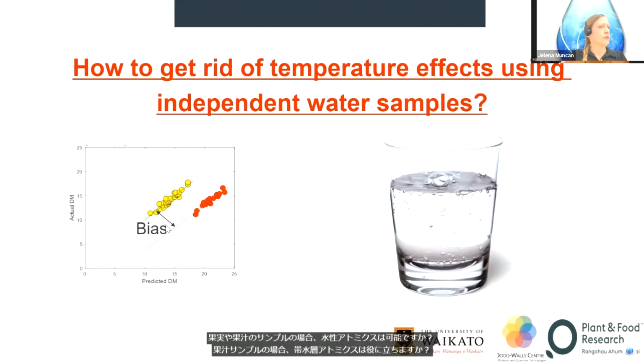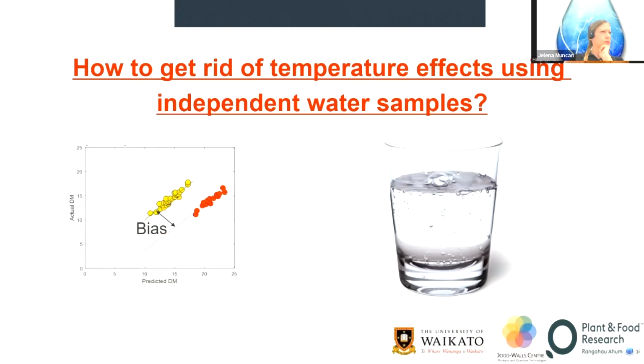So can aquaphotomics, in case of fruit and fruit juice samples, help us to understand and get rid of this bias problem? Can we use independent water samples to get rid of this temperature effect? This is the main highlight of this paper.